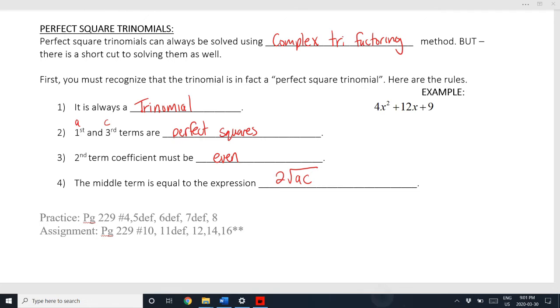So if all these don't work, then you don't have a perfect square trinomial. So it's quite a few rules, but you'll start to be able to pick up on what a perfect square trinomial is. So here's an example.